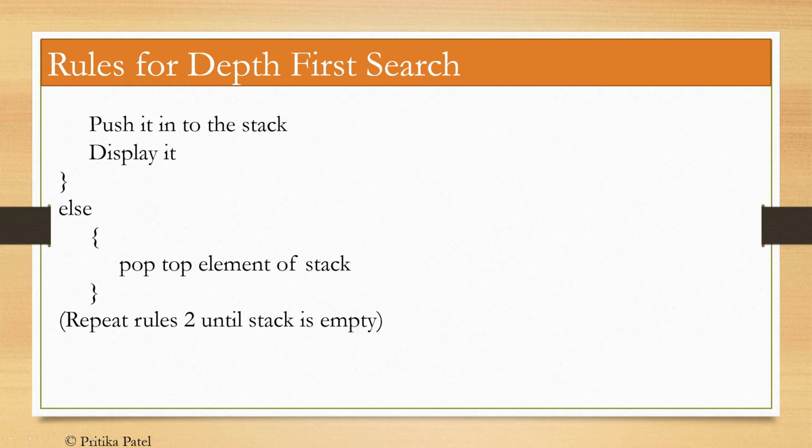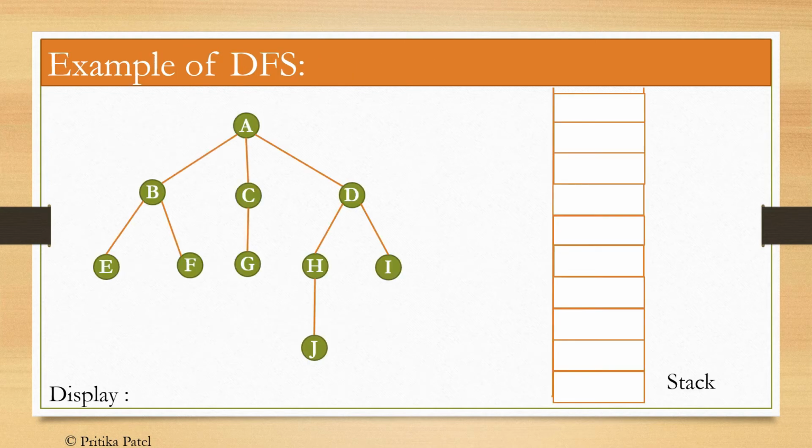Else pop the top element of the stack. So if the condition is false, then the else part is executed and the topmost element is popped from the stack. Repeat rule number 2 until the stack is empty. So these are the rules for depth first search.